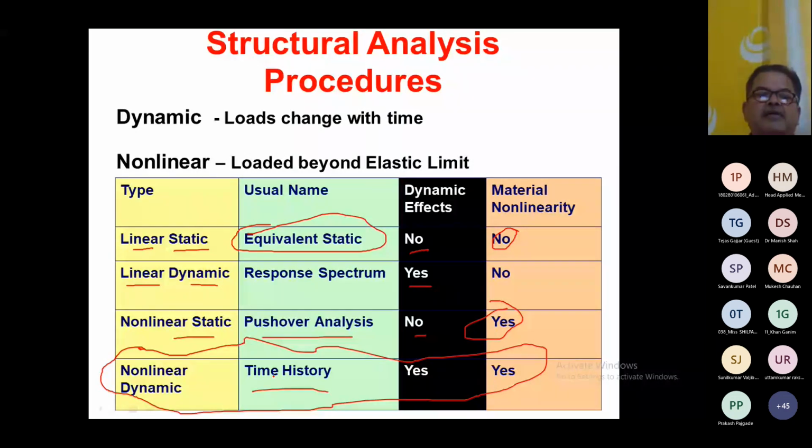It is conservative in a way that it will give you the result on the higher side most of the time, and therefore it will become uneconomical. So if you are good enough in dynamic analysis, definitely nonlinear dynamic analysis is better. But again, time is the constraint, and for simplicity we go for the very simple approach.